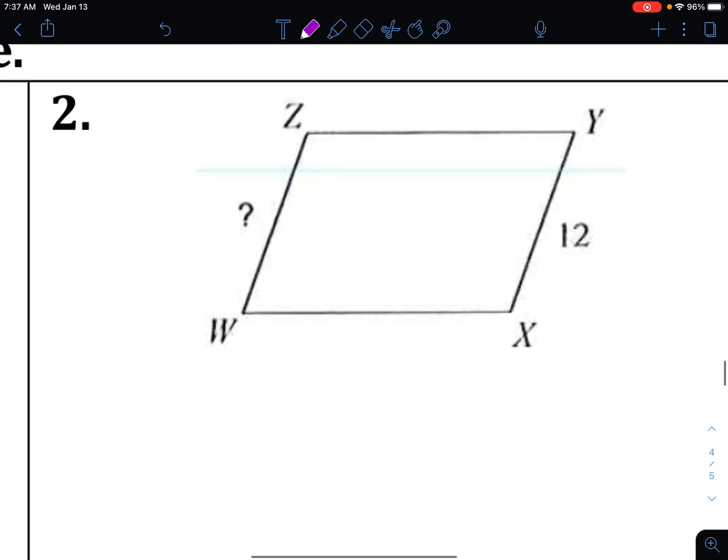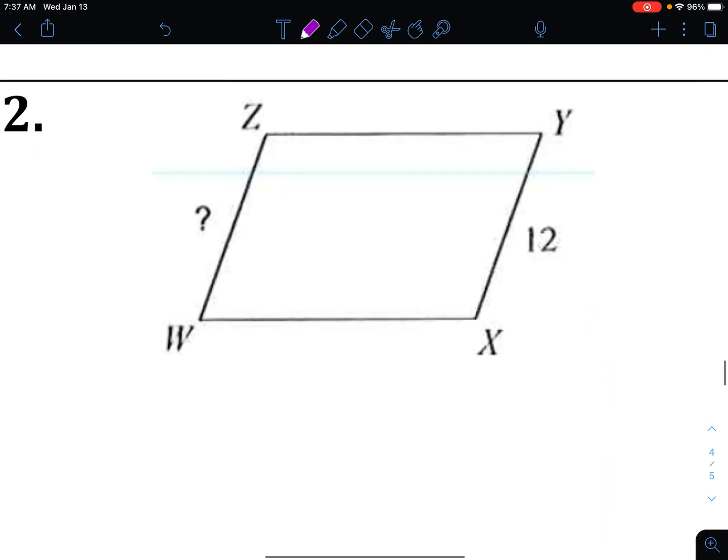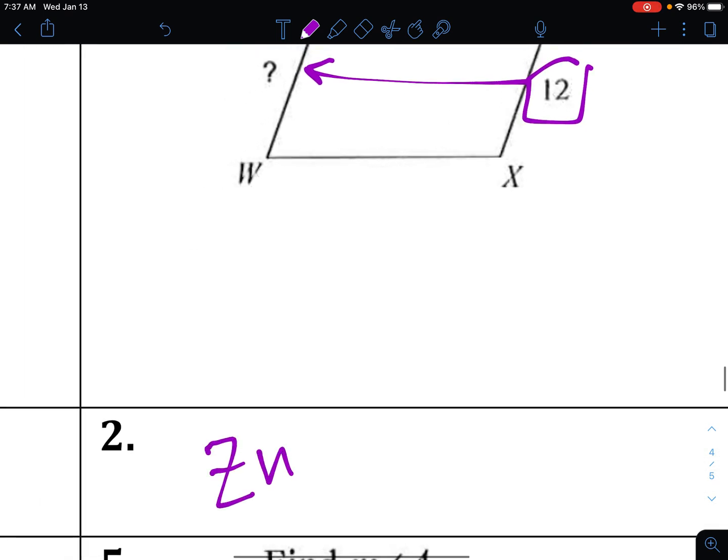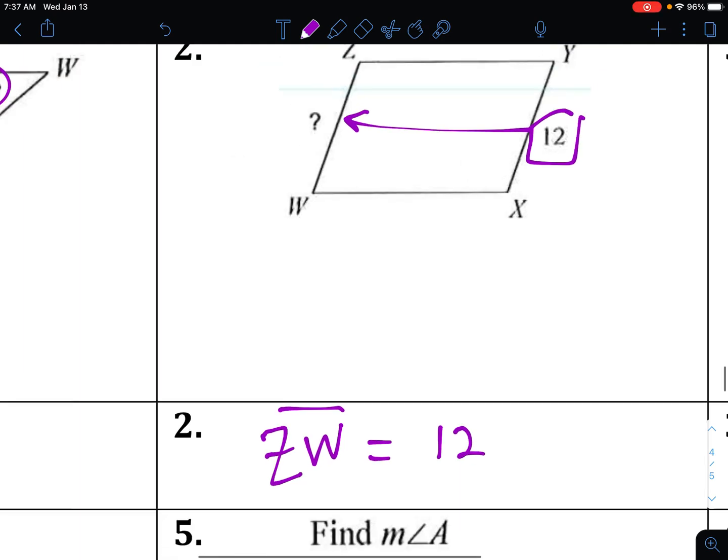They give us 12. 12 in this case is a side length. Well, what do they give us about side lengths in our properties? They give us opposite sides are congruent. So ZW equals 12.